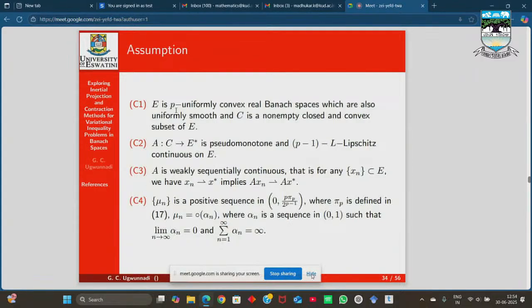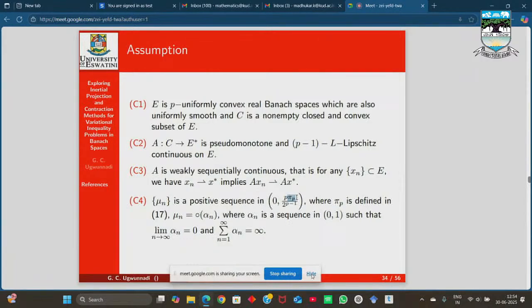Let E be a p-uniformly convex real Banach space, which is also uniformly smooth. Then we have an operator A that is fully monotone, but the p minus 1 element is continuous on E, and A is weakly sequentially continuous. Then we have some parameters, mu n in this interval.